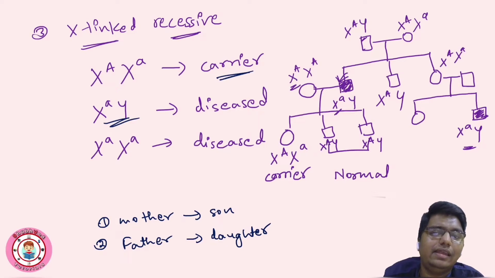X-linked and Y-linked too, but Y-linked is actually the easiest, because Y-linked is always expressed in males. Father to son, father to son, it will be carried on. Alright, now we will see X-linked dominant.